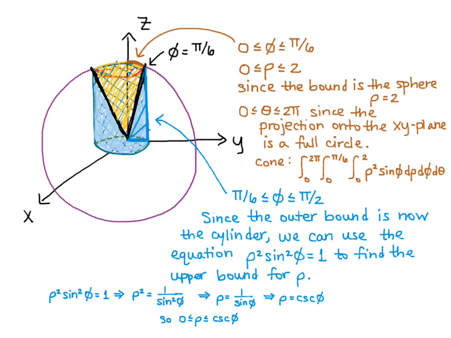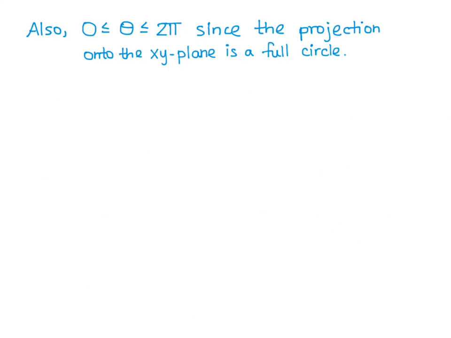Now we're almost done. We just need our theta bounds for this area. Basically we have theta between 0 and 2 pi because the projection onto the xy plane is a full circle. So we don't have to worry about cutting it at some point.